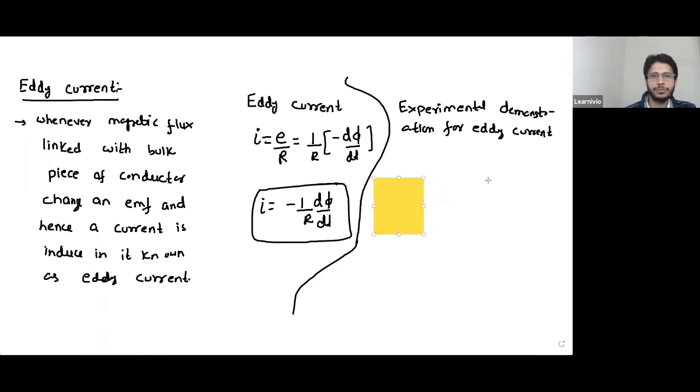I take two pieces of magnet. Let's assume that initially these pieces are not magnetic. There is no magnetic field here. And I take a plate.